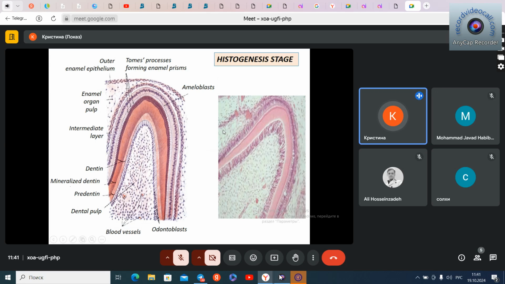Then here we see the enamel organ pulp or stellate reticulum, the stellate in shape epithelial cells which serve to provide nutrition for ameloblasts during their life and producing enamel. Here we see blood vessels, and the outer layer here is the outer enamel epithelium. In this region, enamel epithelium comes very close to the stellate reticulum, and intermediate layer, they together will form the cuticle of the tooth.